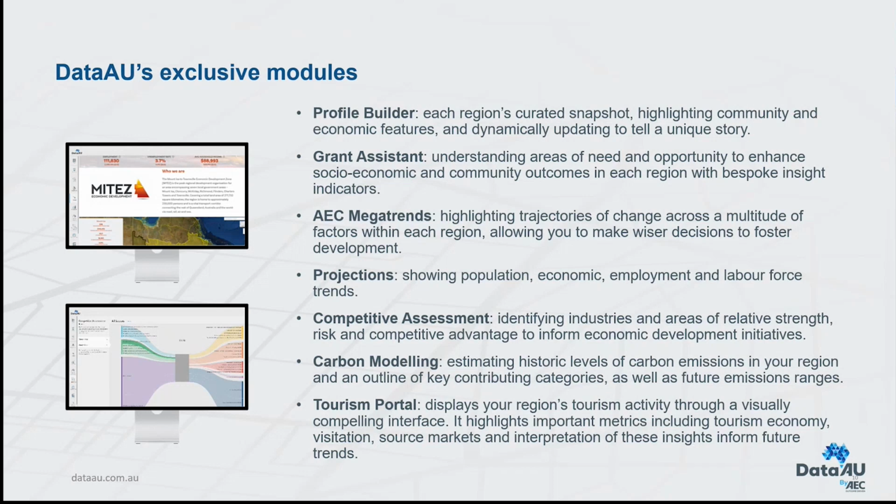Grant Assistant will identify those within key areas of interest and then rank your region against the state, your pertinent state, and national averages as well, and give you a really easy and efficient way to discover how you can apply for grants using substantive data.